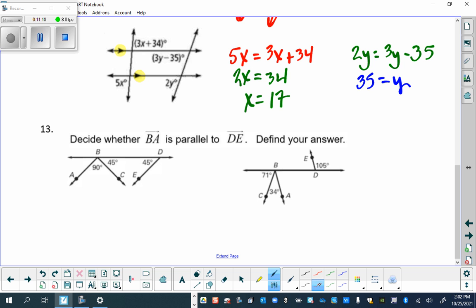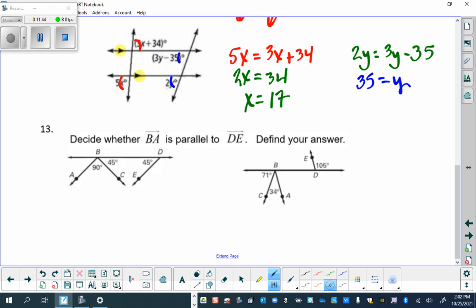If you're told the lines are parallel, these alternating exterior angles are congruent. If you're told the lines are parallel, these corresponding angles are congruent. If you don't know if the lines are parallel, you're in a converse situation. You can prove they're parallel if these things are true.